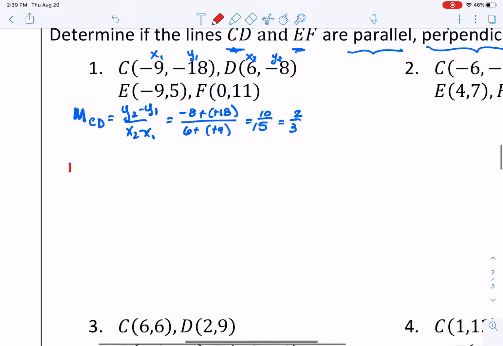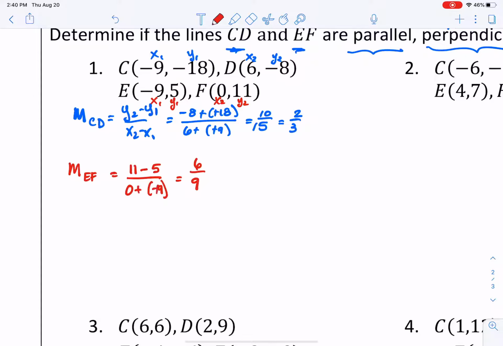So then we look for the slope of EF. x1, y1, x2, y2. That's 11 minus 5 over 0 minus a negative 9. That's 6 over 9, which is 2 over 3.